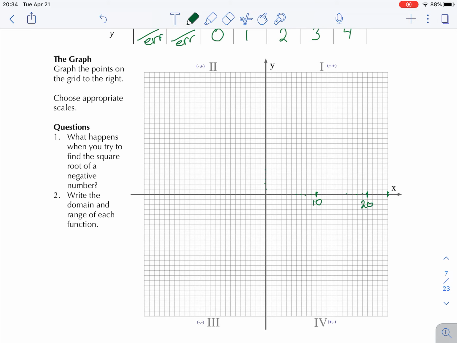And I'm going to do the same thing up and down. And to the negatives.